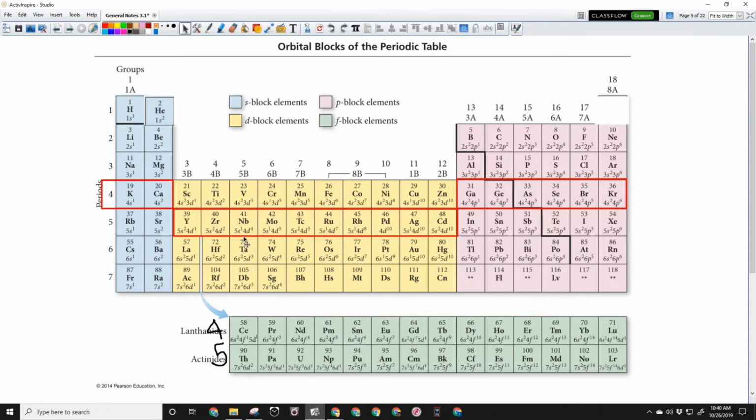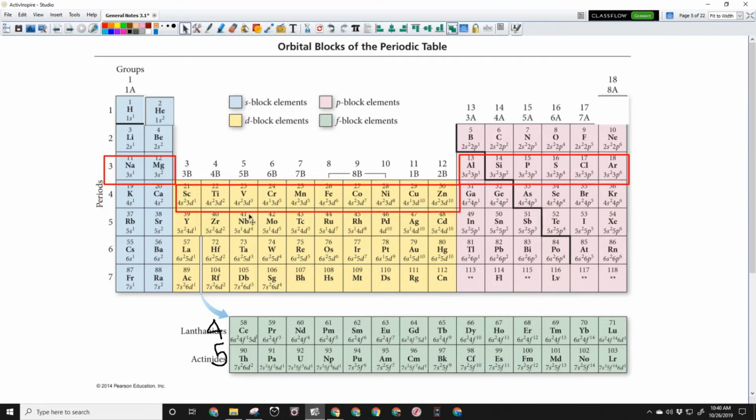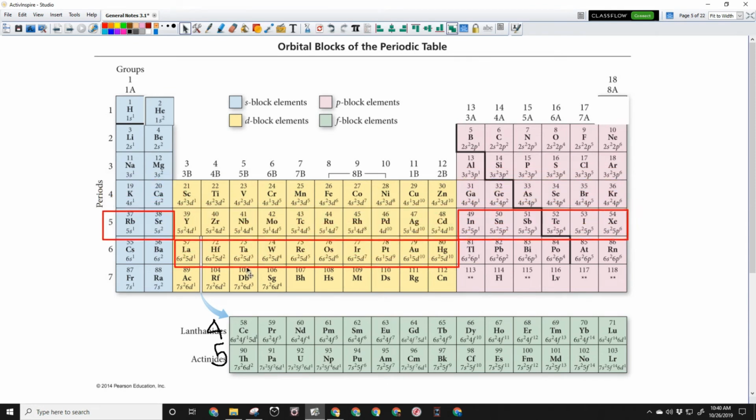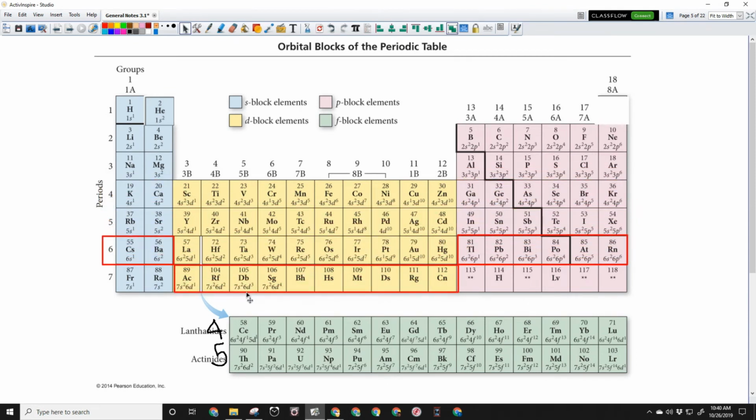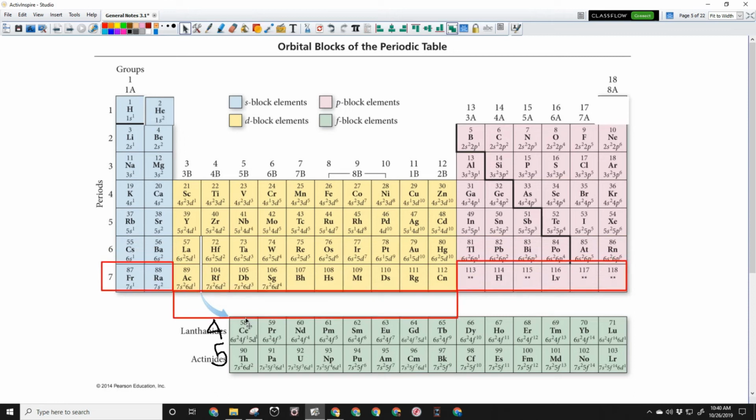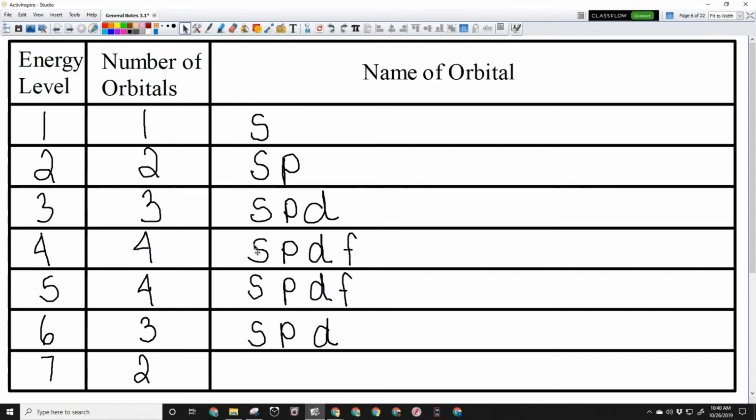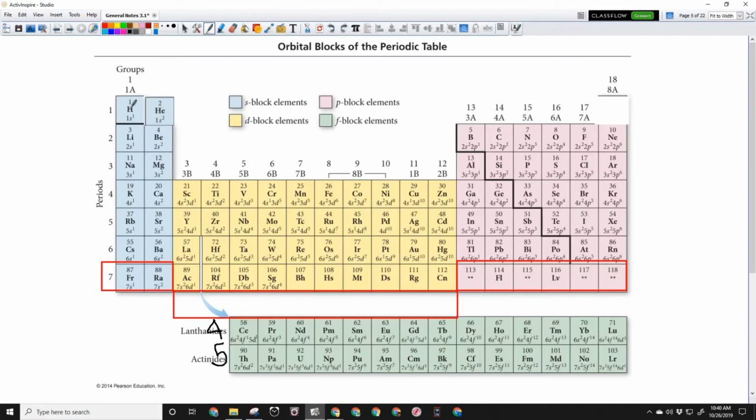See, a D only exists in 3, 4, 5, and 6. So on the 7th energy level, we only have S and P. So on the 7th energy level, we have 2, and that's the S and the P orbital. S and P only.